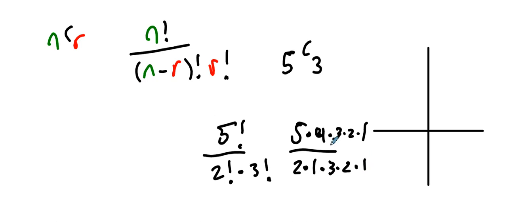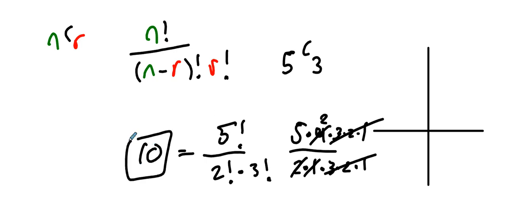The 3, 2, 1 and 3, 2, 1 cancel, and the 4 and 2 reduce. This is going to be 2, so this is going to equal 10. There are 10 possible combinations of 5 choose 3.